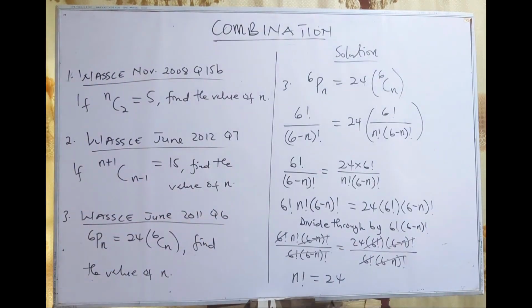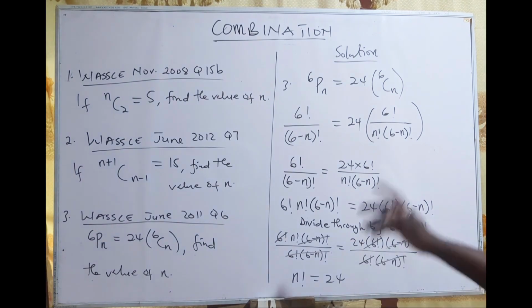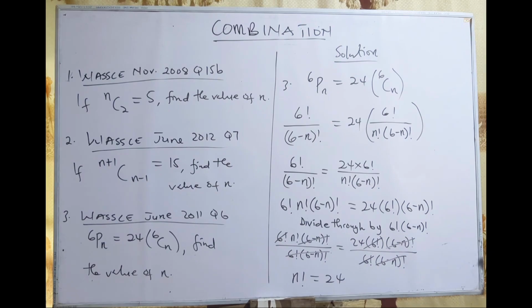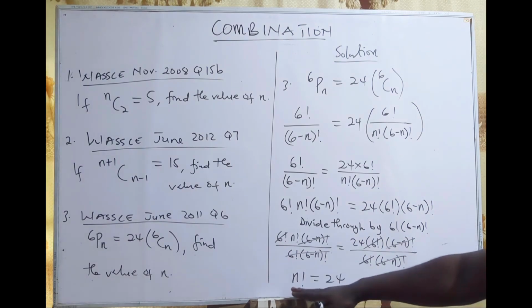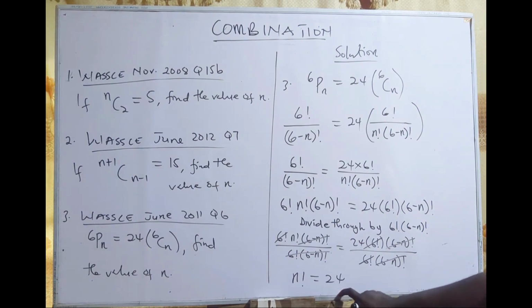Okay, so I'm going to look for the value of n. So here, if I have n factorial equal to 24, then we know that n factorial is n times n minus 1 times n minus 2 and so on. If you mean to open this one, it will be difficult to solve this particular question. So what we have to do is to find a number of factorial that will give me what? 24. So what number of factorial will give me 24?